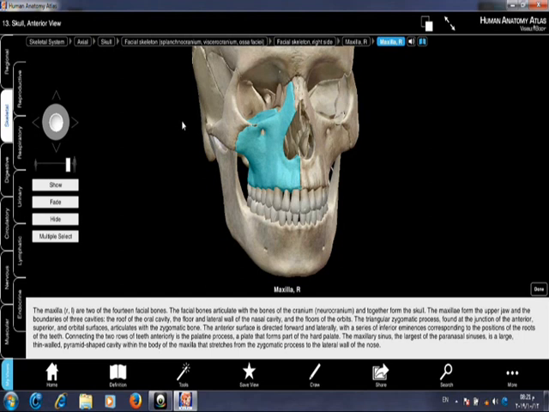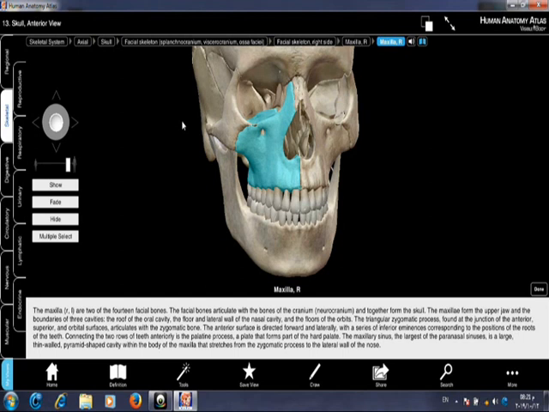The maxilla form the upper jaw and the boundaries of three cavities: the roof of the oral cavity, the floor and lateral wall of the nasal cavity, and the floors of the orbits.